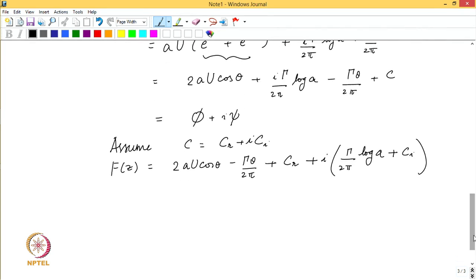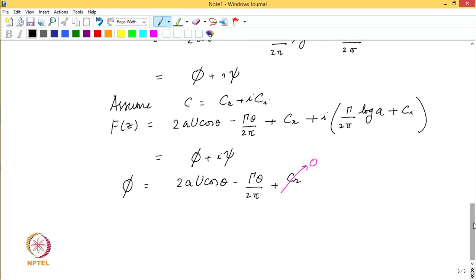All right. Now, this I can say is φ plus iψ. So, φ, which is the real part, would just be 2 a u cosine θ minus Γθ by 2π plus c_r, at which point I am going to assume that this constant is such that c_r is 0, because it is not going to have any influence on ψ either way.